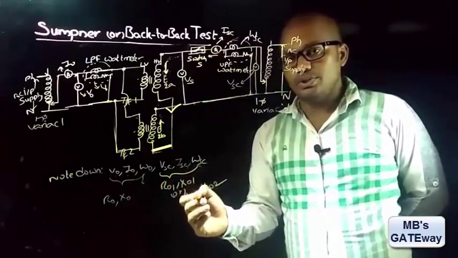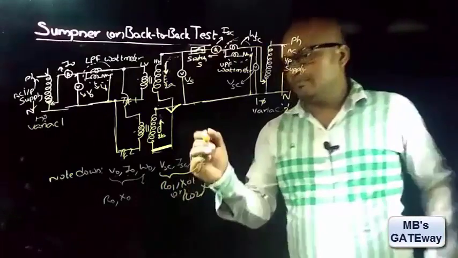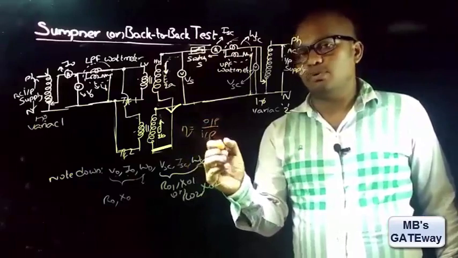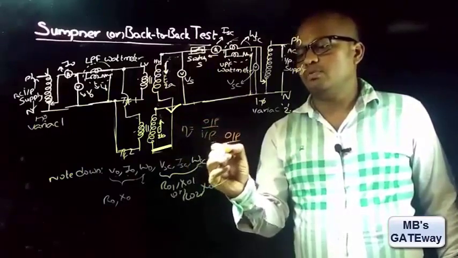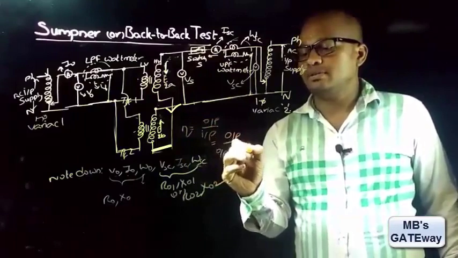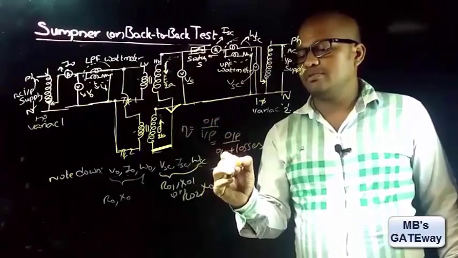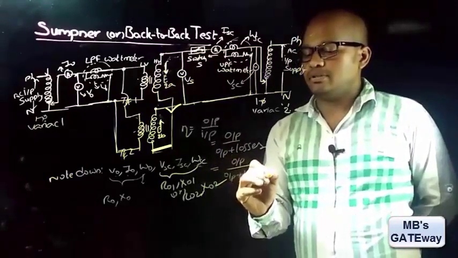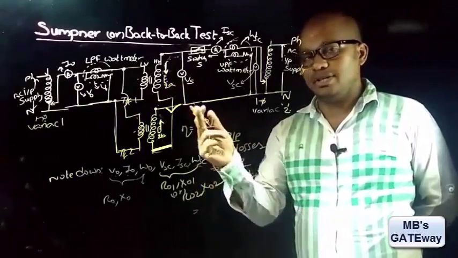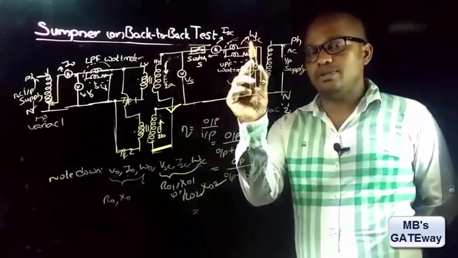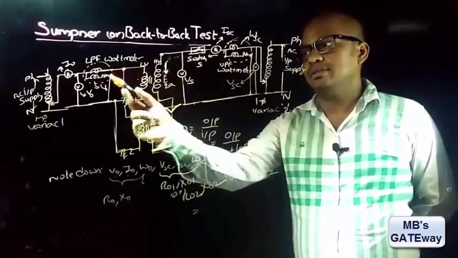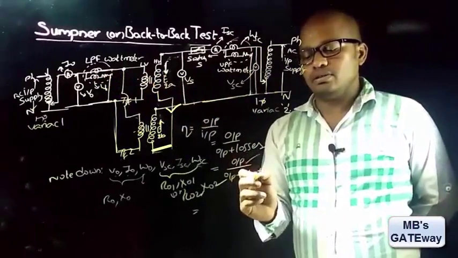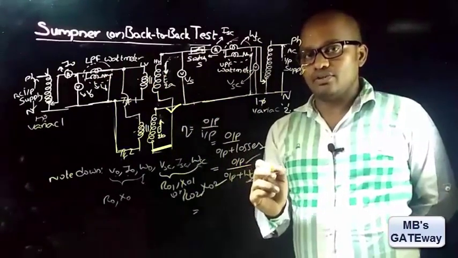It is known that efficiency is equal to output power by input power, which can be taken as output power by output power plus losses, which is output power by output power plus copper loss and iron loss. Output power is the rating of the transformer, WC is WSC by 2 and WI is W0 by 2. So place the rating of the transformer, the copper loss of each transformer and the iron loss of each transformer.